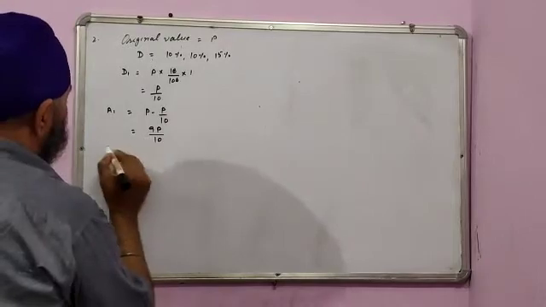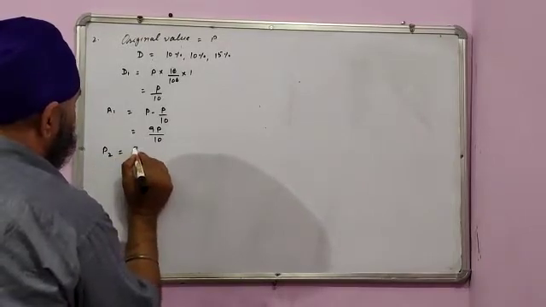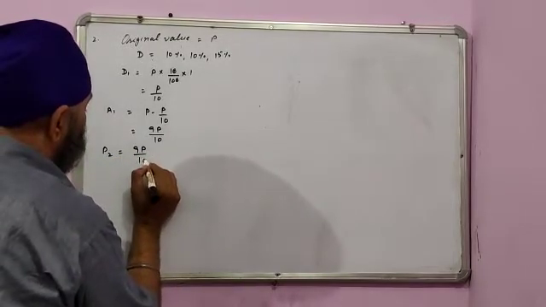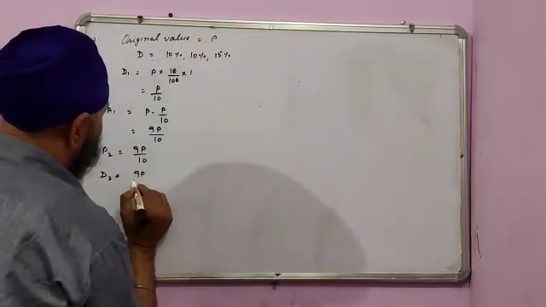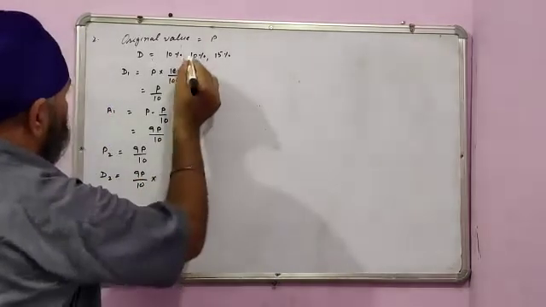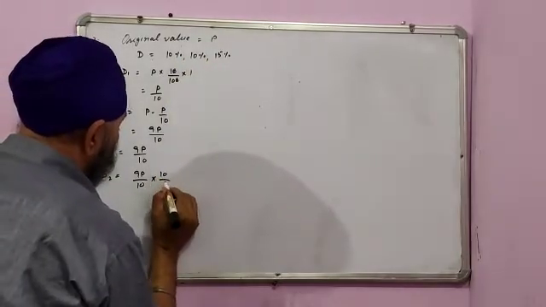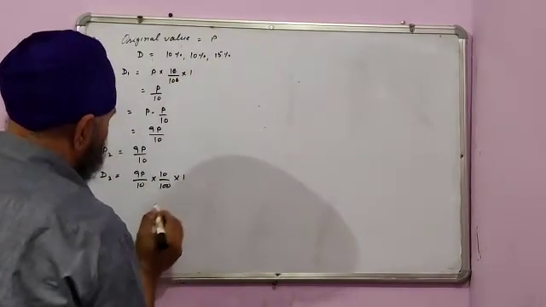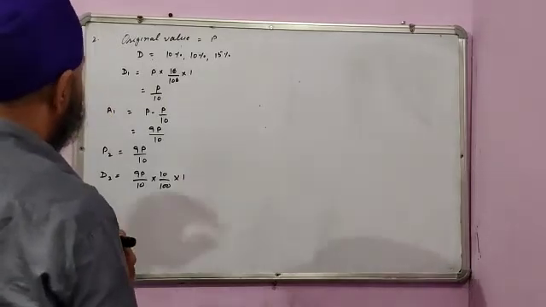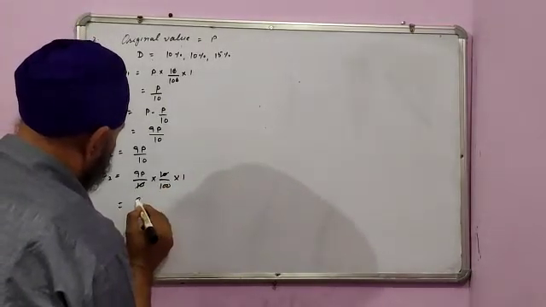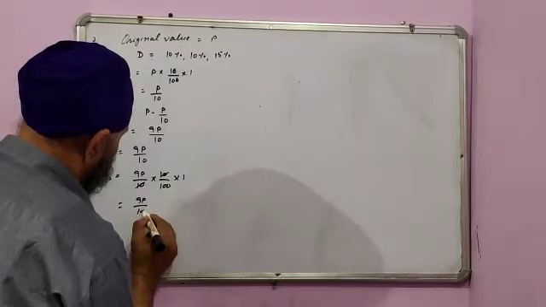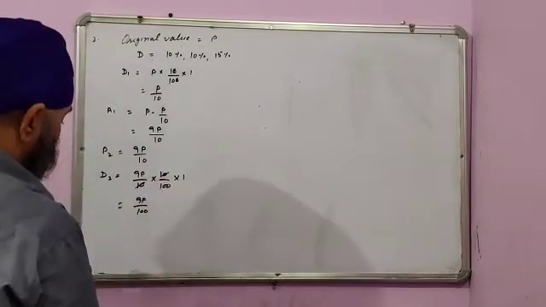So principal for second year will be 9P upon 10. Depreciation for second year will be principal, rate again for second year is 10%, into 1. So it is 9P upon 100, 10 cancels with 10.